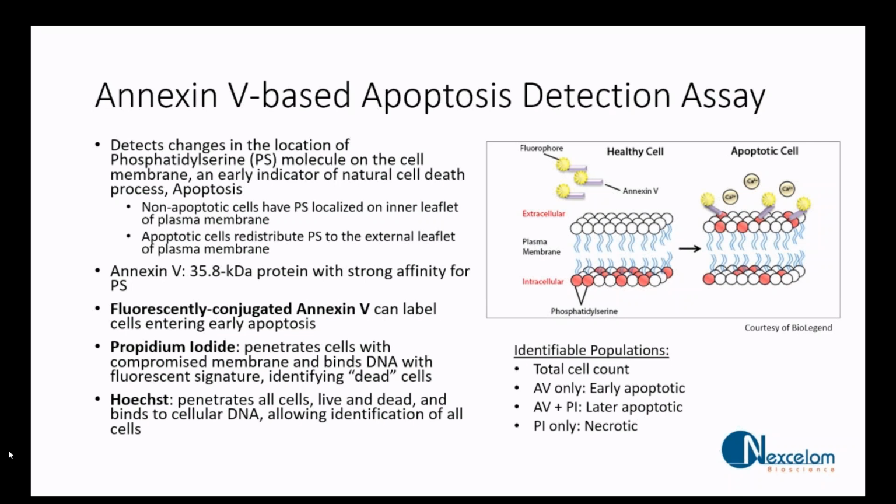So from this, we'll be able to give you a total count, the early apoptotic cells, the Annexin 5 and PI labeled cells, which are later apoptotic cells, as well as if there was only a necrosis effect going on, then we would have the PI only population. So those were the dyes that we're going to use and the populations that we're going to identify in today's assay.